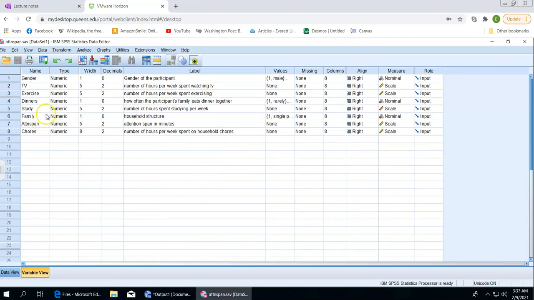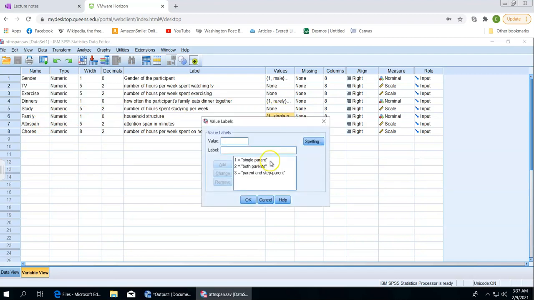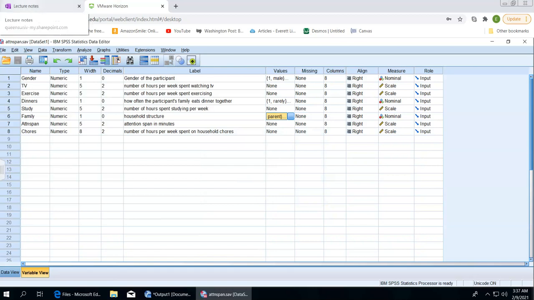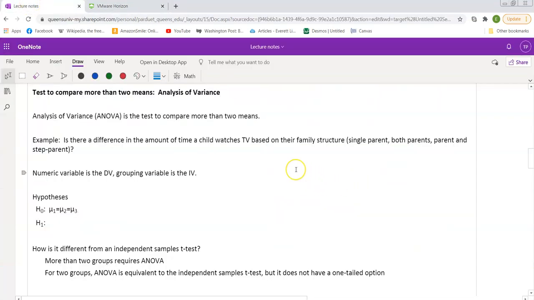The one we haven't seen yet is the household structure, which is single parent, both parents, or a parent and a step parent. Those are our three options. And I should say this is not to be exclusive of other household structures. I'm sensitive to that as well. Those are only the options that are in this data set.